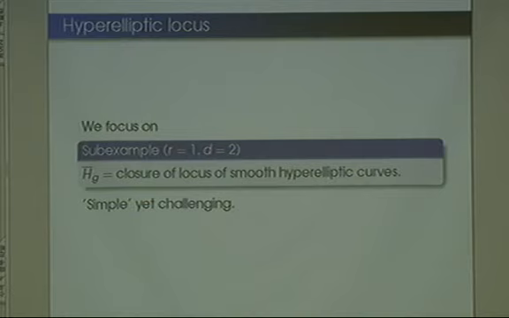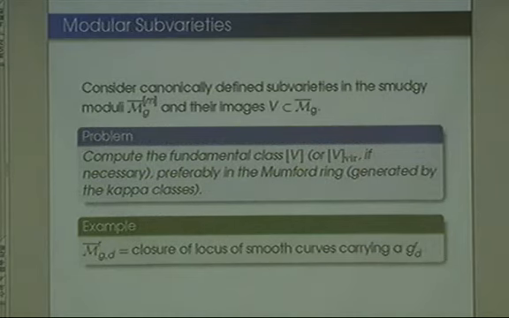So this business of M^r_g,d and computing its fundamental class has a long history, especially in the case where it has codimension 1, where it was the subject of a great deal of deep work by Mumford, Harris, Eisenbud, and many others.